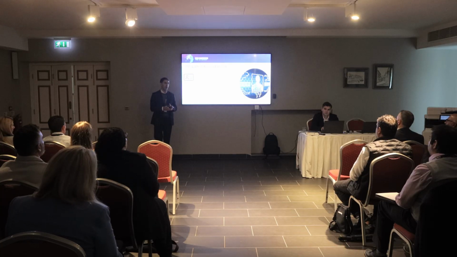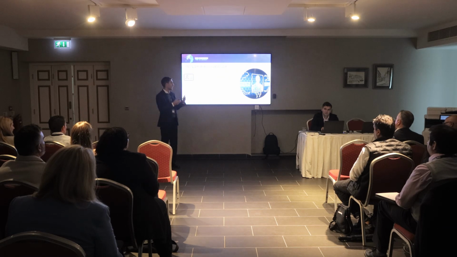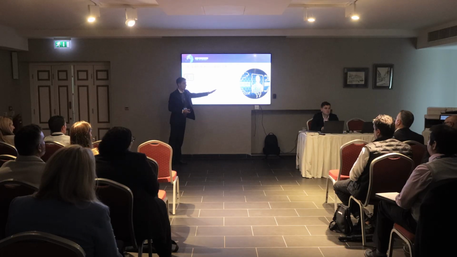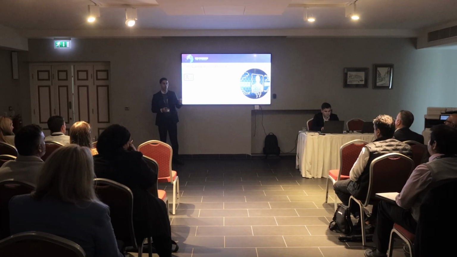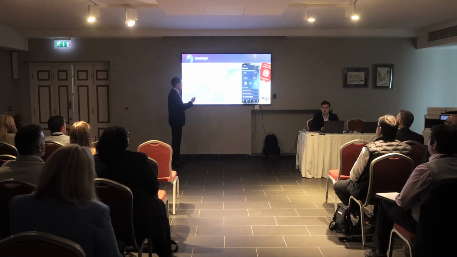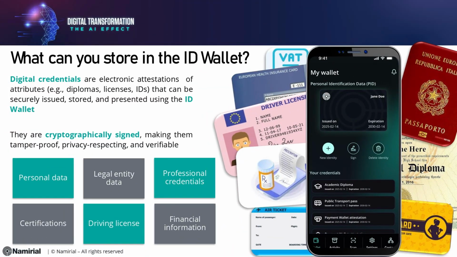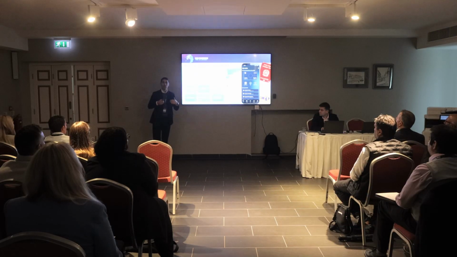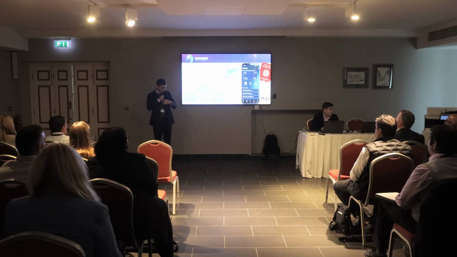Now, putting together a set of attributes and combining them, we can create the attestation of attributes. And this attestation of attributes can be issued and stored within a digital identity wallet. These electronic attestations of attributes are also called digital credentials. So we refer to these key elements as digital credentials in general.